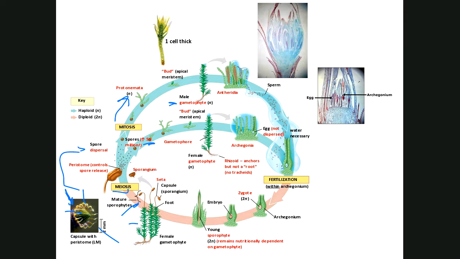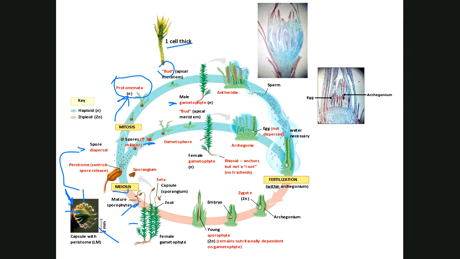That protonemata continues to grow, gets thicker and thicker, and forms something called a bud, which is only one cell thick. Remember, these guys don't have vascularization, so in order to do diffusion and osmosis, they're going to have to remain relatively thin. And in the case of this male spore, it then eventually grows into the antheridia, the part that produces sperm.